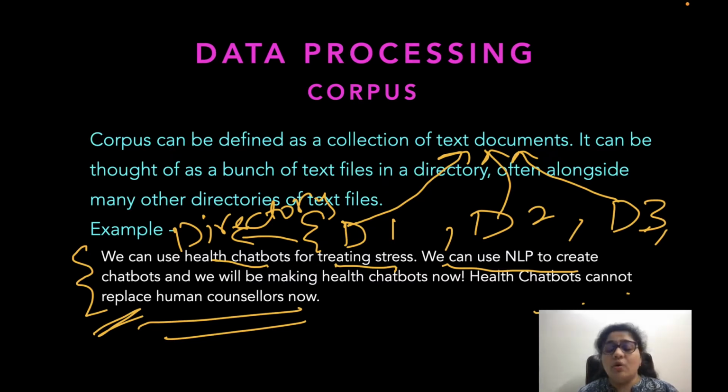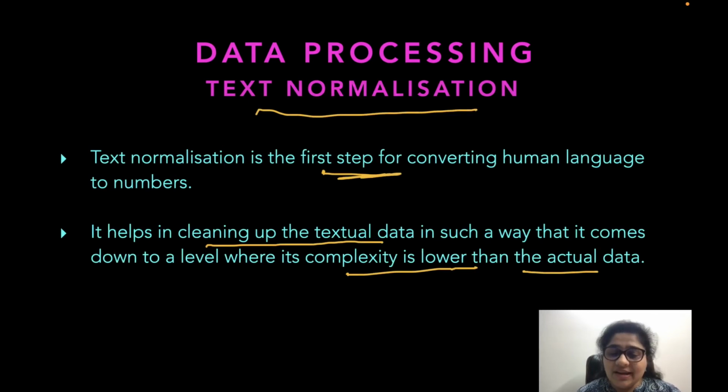So what text normalization will do is take this data and try to convert it into lower complexity data. It will clean it up and convert it into lower complexity. We'll see how, and what all we need to do to reach that lower complexity format of the data.